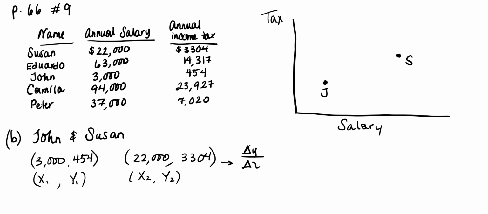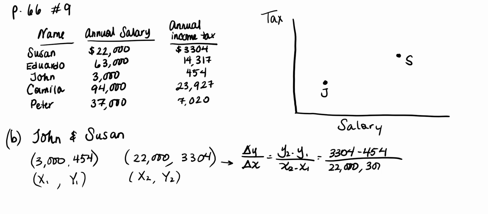So y2 is 3304, y1 is 454, x2 is 22,000, and x1 is 3,000. And if I do that calculation, I get 0.15.